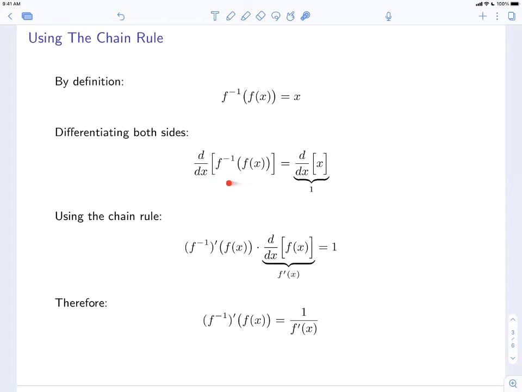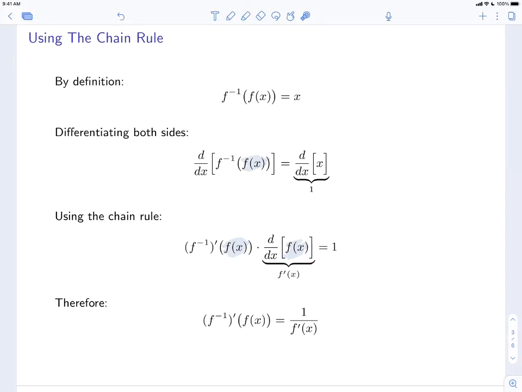On the left side, we differentiate the composition using the chain rule. It's the derivative of the outside, f inverse prime, times the derivative of the inside. Of course, the inside function stays inside, but then we multiply by the derivative of the inside. But of course, the derivative of f is just f prime.